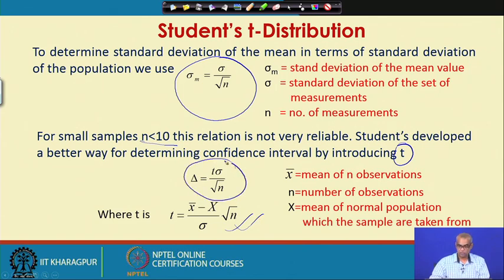With t, the confidence interval can be written as t sigma by square root of n, where t is the mean of observations minus the mean of the normal population from which the samples are taken, divided by the standard deviation, and multiplied by the square root of the number of observations, that is, square root of n.